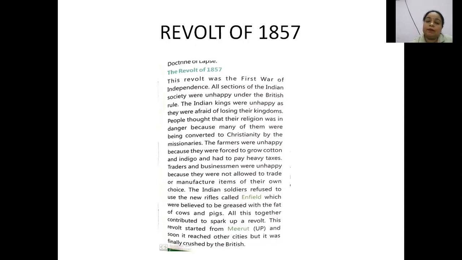Revolt means the people fight against the Britishers. Many people were unhappy with the Britishers from the beginning, and the Britishers were not liked by many people, but the people did not fight back. The people fought back in 1857. Everybody was unhappy before also, but nobody revolted till the revolt of 1857.